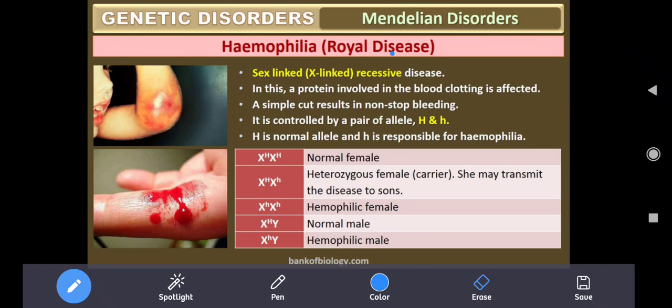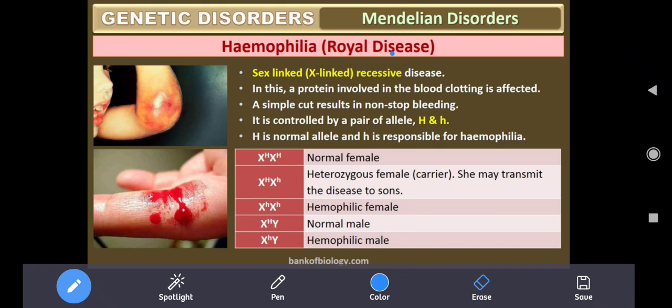Now, first let us discuss hemophilia. In the previous topic we discussed the disease which occurs due to a dominant trait, and the disease which is carried through the recessive trait. Now we are going to discuss the disease which is carried by the X chromosome. Where are the X chromosomes? In the gametes.